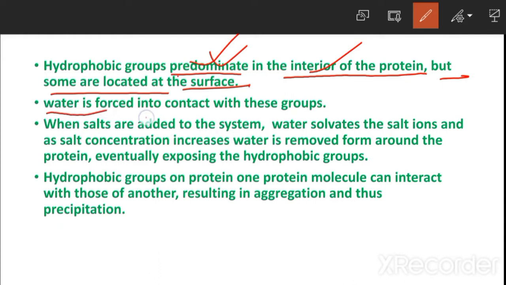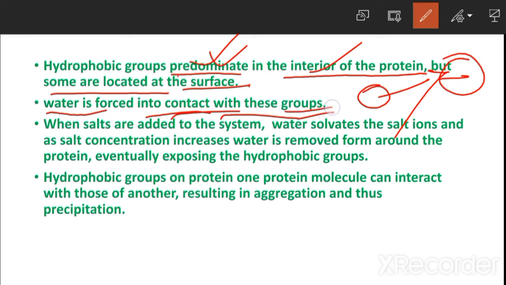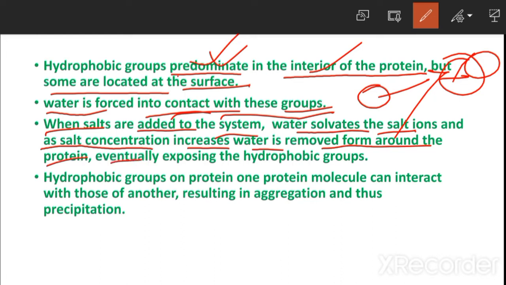Water is forced into contact with this hydrophobic group. When salt is added to the system, water solvates the salt ions, and as salt concentration increases, water is removed from around the protein, eventually exposing the hydrophobic groups.